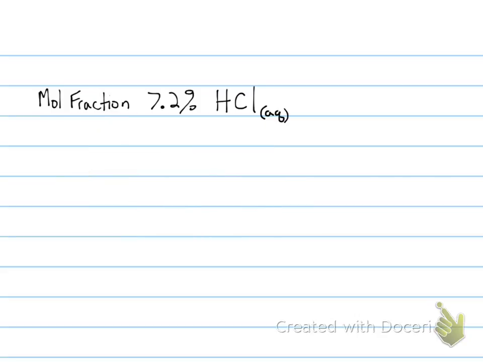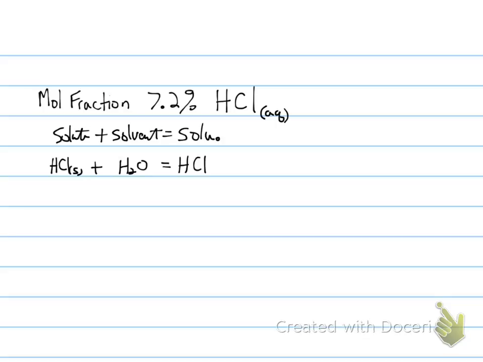Okay. The mole fraction is 7.2% HCl. Well, let's go back to our original: the solute plus the solvent is the solution. So the solute, well, that's like HCl solid plus our solvent, that's H2O. That's going to yield HCl aqueous with water at a certain concentration of HCl in it. So that's where we get this formula.